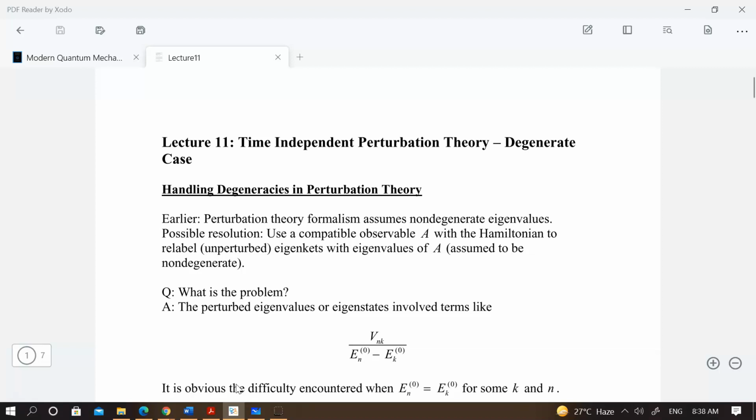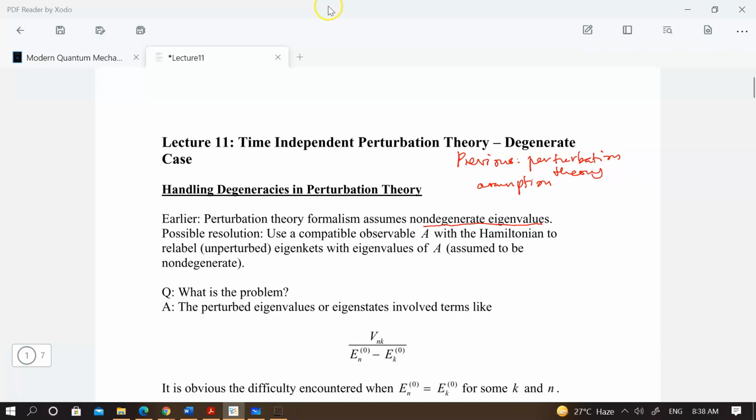In the last lecture, we introduced the idea of perturbation theory, formally, and then some examples. But the assumption over there essentially is that your energy eigenvalues are non-degenerate.